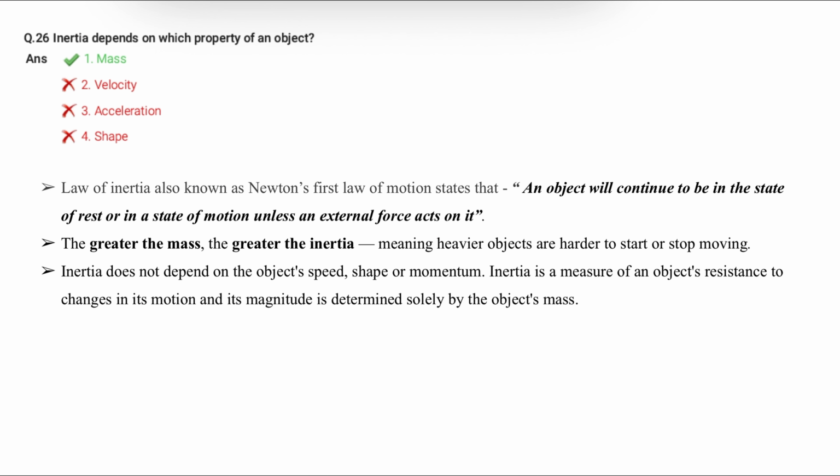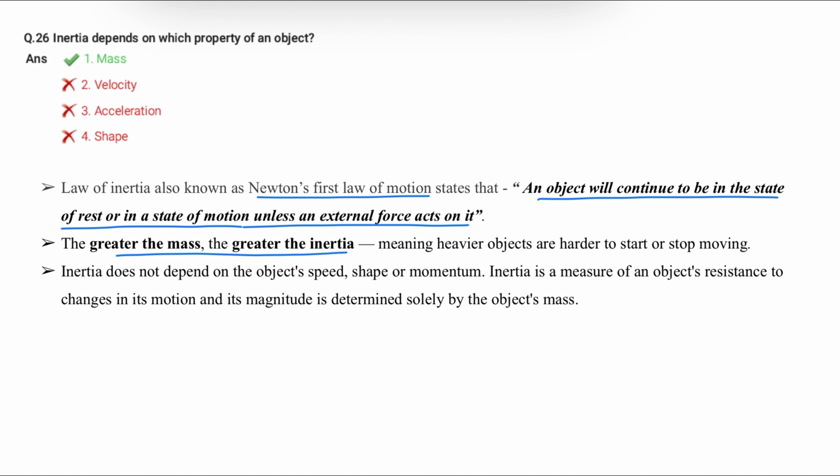Question number 26. Inertia depends on which property of the object? The law of inertia, also known as Newton's first law of motion, states that an object will continue to be in the state of rest or in the state of motion unless an external force acts on it. The greater the mass, the greater the inertia, meaning heavier objects are harder to stop or harder to start.